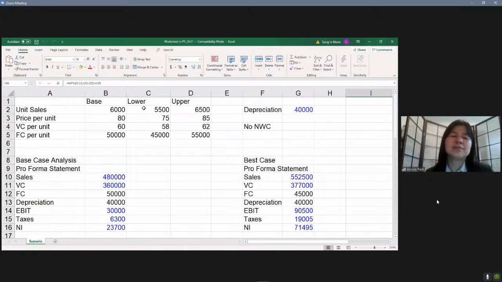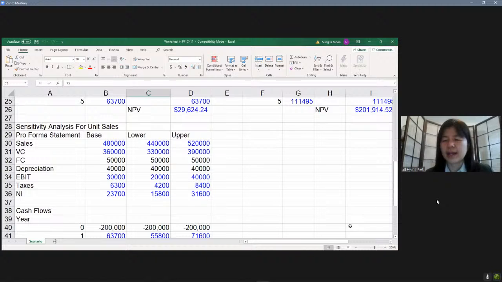Before you look at my numbers, think of how you can calculate worst case sales. The worst case means the unit sales will be the lowest, and the price will be the lowest as well. So let's move on to that worst case.